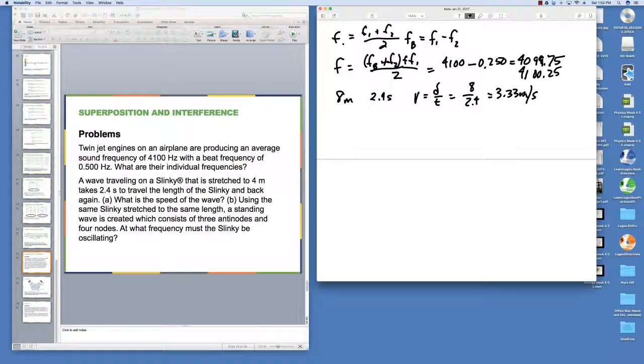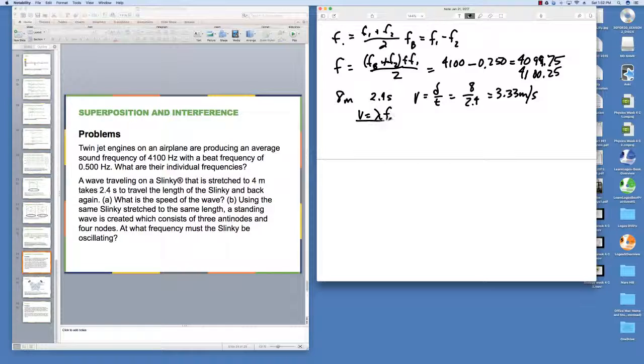The second question is, using the same slinky stretched the same length, a standing wave is created that consists of 3 antinodes and 4 nodes. So it's a second overtone. What frequency must the slinky be oscillating at? So v is equal to lambda f.